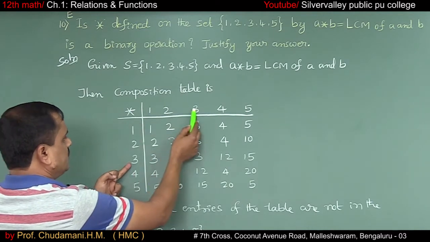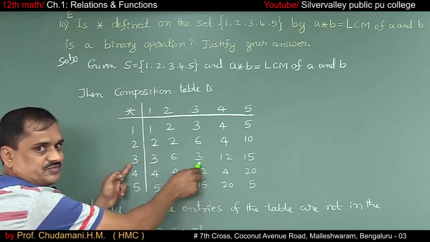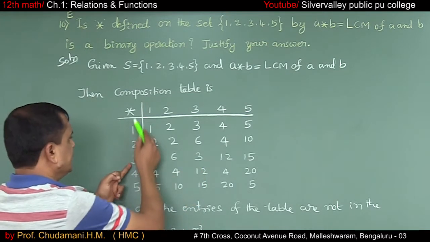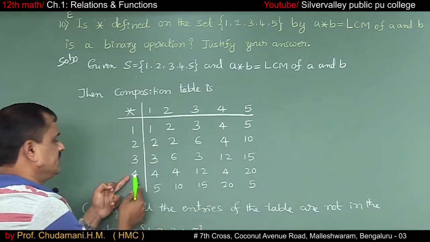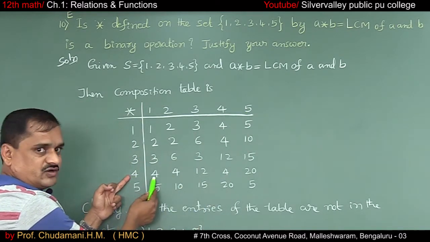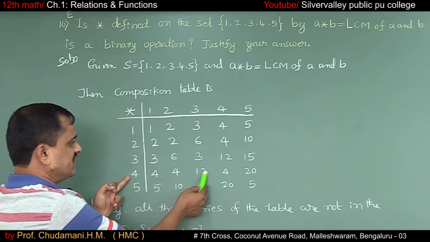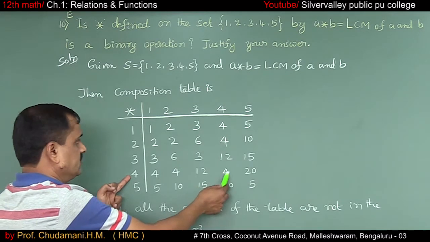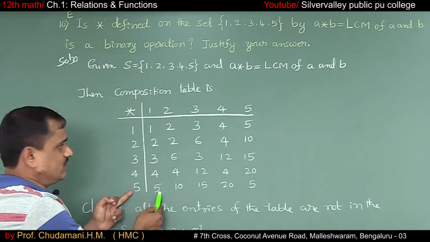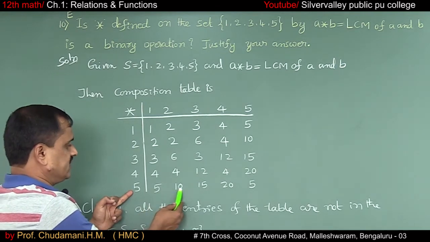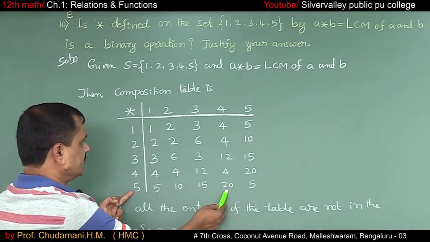So 3 star 2 is 6. 3 star 3, LCM of 3 and 3 is 3 only. LCM of 3 and 4 is 12. LCM of 3 and 5 is 15. Then LCM of 4 and 1 is 4. 4 and 2 is 4, 4 and 3 is 12, 4 and 4 is 4 only, 4 and 5 is 20. LCM of 5 and 1 is 5, 5 and 2 is 10, 5 and 3 is 15, 5 and 4 is 20, 5 and 5 is 5 only.